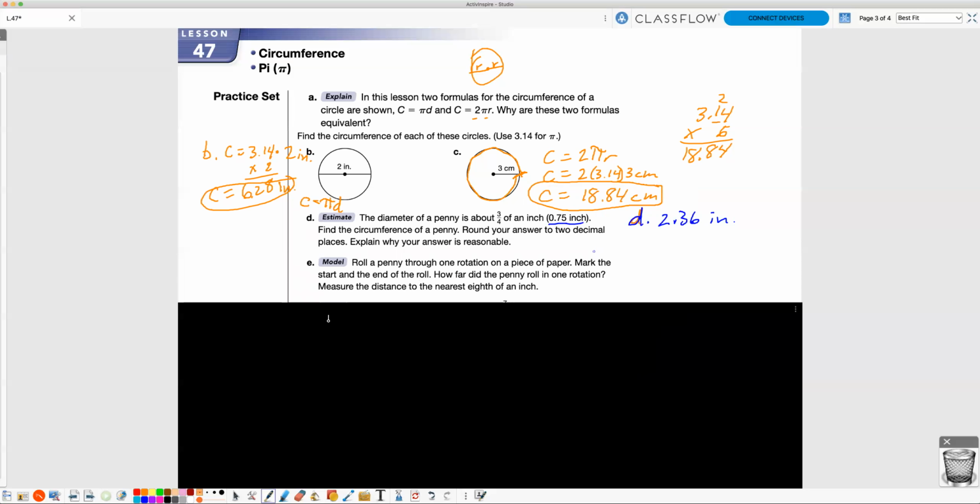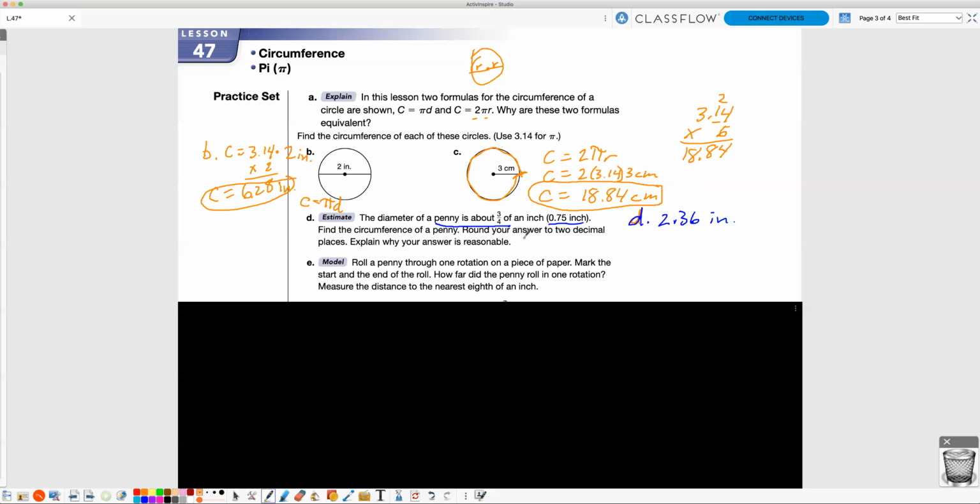Letter E. Roll a penny through 1 rotation on a piece of paper. Mark the start and the end of the roll. How far did the penny roll in 1 direction? Again, referring to a penny being 3/4 of an inch for the diameter, you should be able to understand how far that penny would roll on the surface.